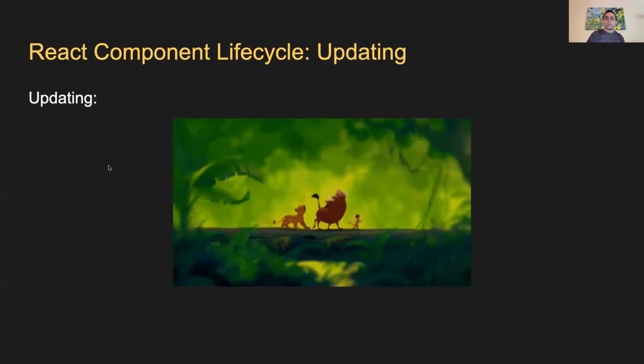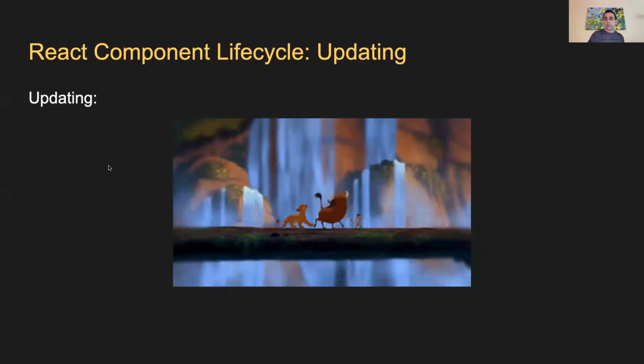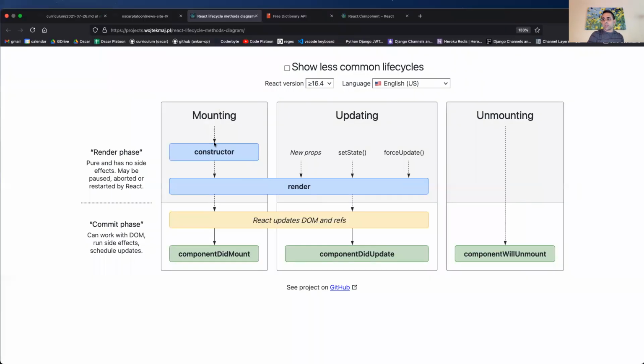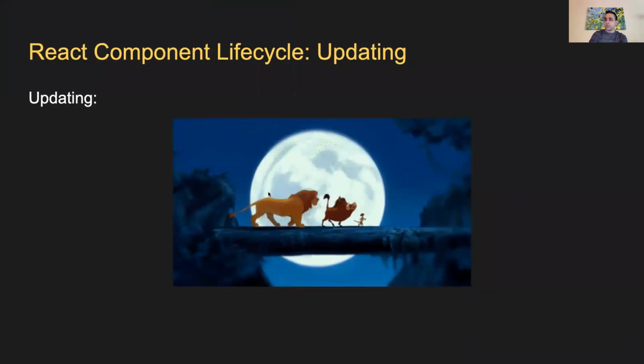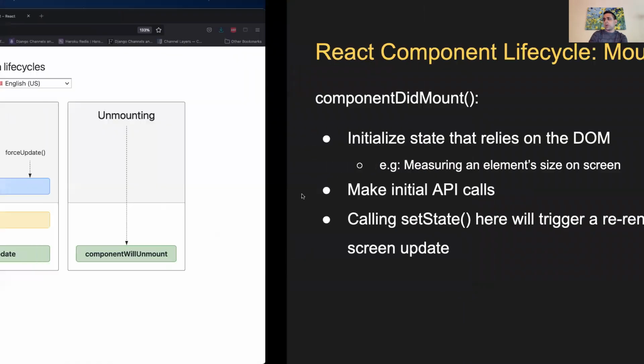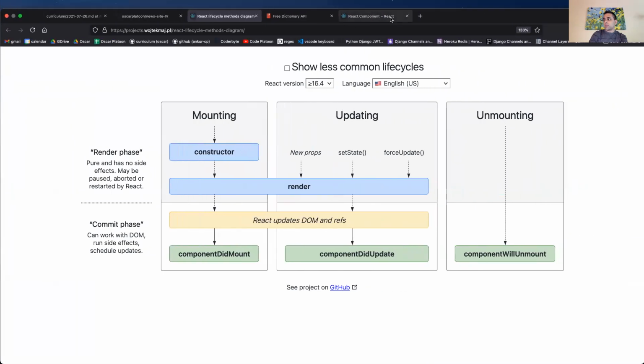All right, next up, we're going to talk about updating. So we covered this branch where we have a constructor, we have a render, and then we call componentDidMount. This is where we want to make some API calls. We can do that there initially. So let's actually do that before we get to updating. So let's see if I can find something on the web.